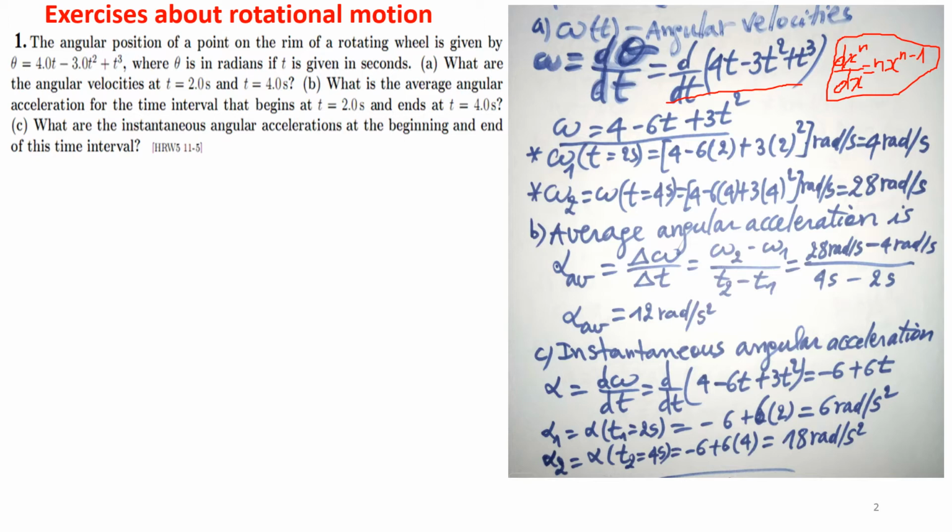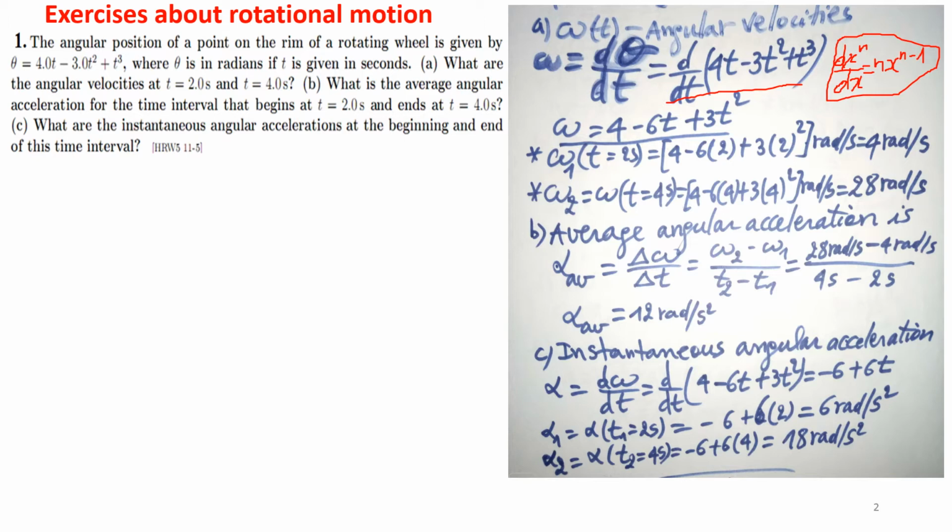Here we have 2 times 3 gives 6, and 2 minus 1 gives 1. Then here we have 3 times 1 gives 3, and the power is 3 minus 1, which is 2, where the expression of angular velocity equals 4 minus 6t plus 3t squared.